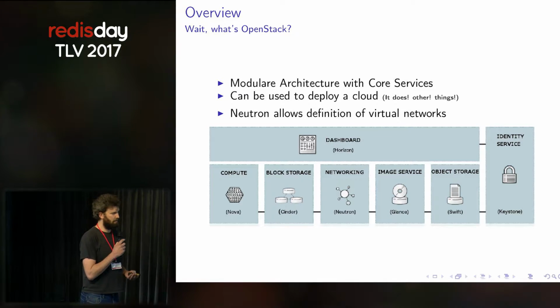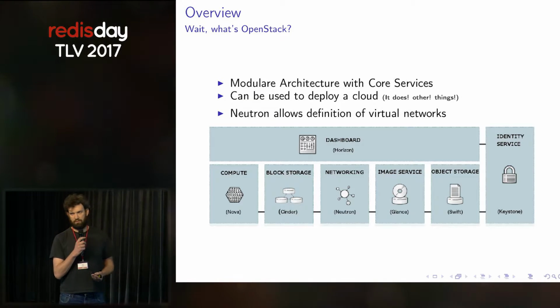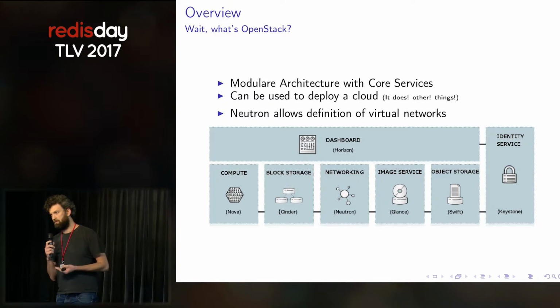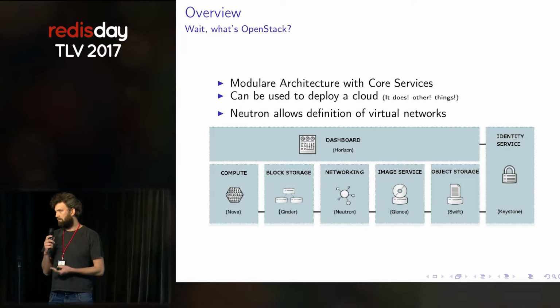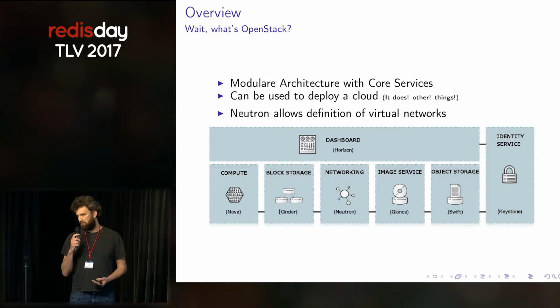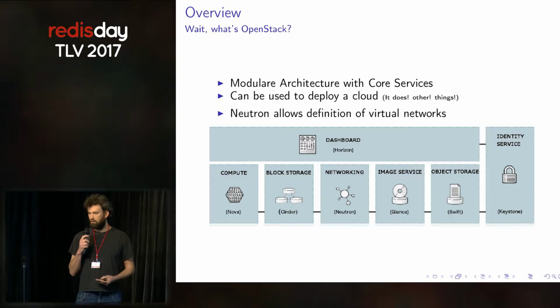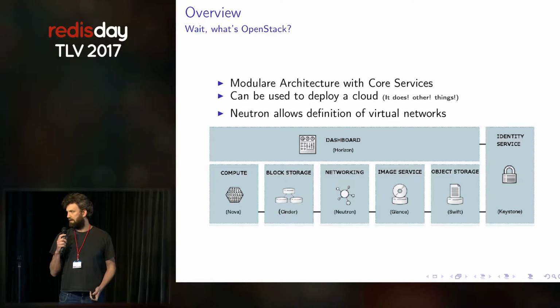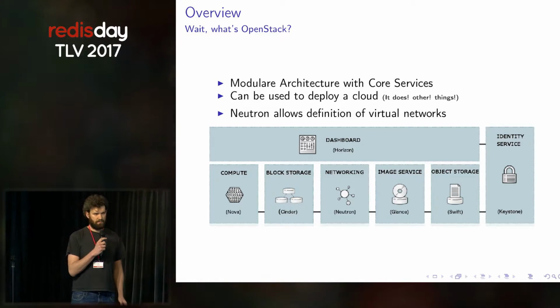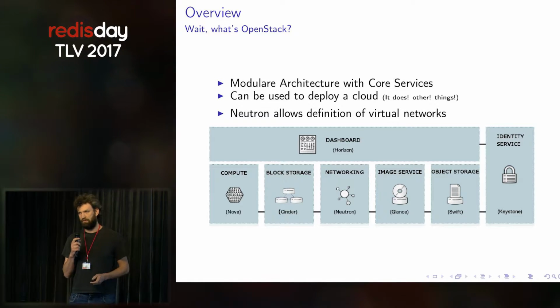So you have an API for compute, which allows you to define virtual machines, for networking, which allows you to define the network between these machines, storage for block storage or image storage, an identity service, which allows you to define authentication, a dashboard to be able to connect visually to all these APIs. Specifically, we work with Neutron, which is used to define the networking between virtual machines.